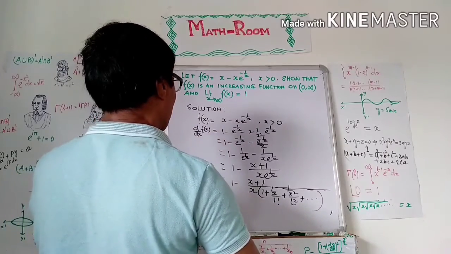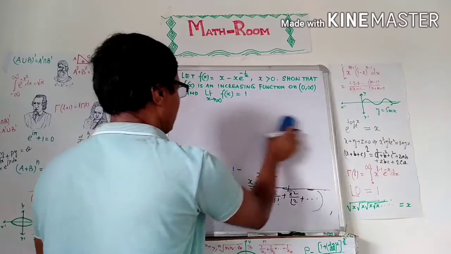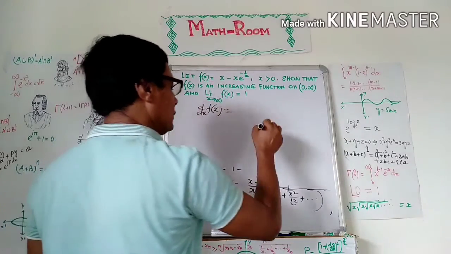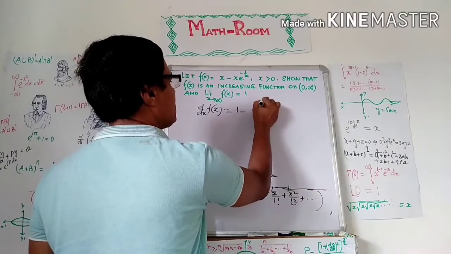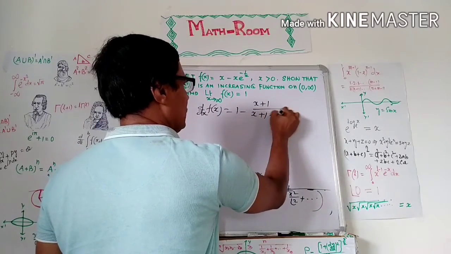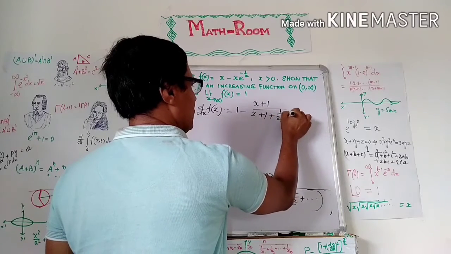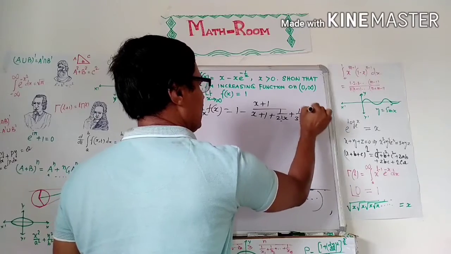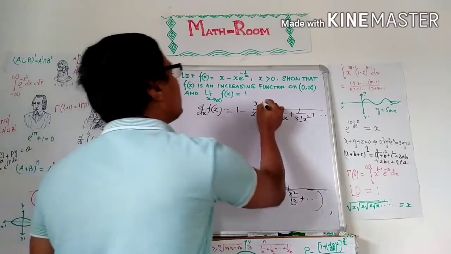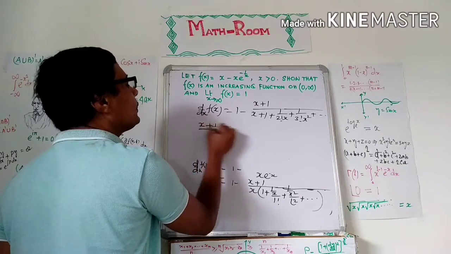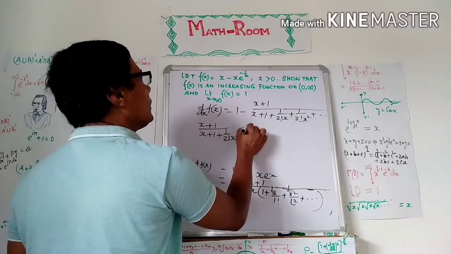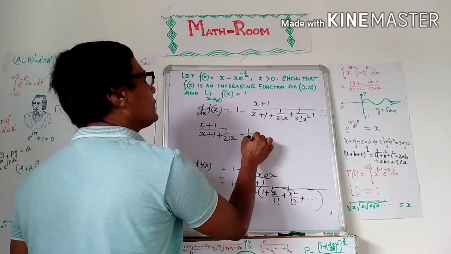So d/dx of f(x) = 1 − (x + 1) over x, times (1 + 1 over 2! x, 1 over 3! x² ...). This is the expression, and also we can say x + 1 over x times (1 + 1/(2! x) + 1/(3! x²)).